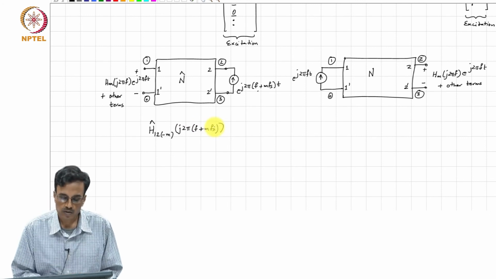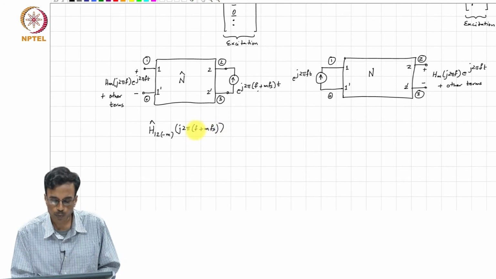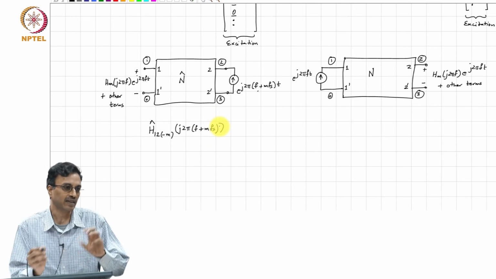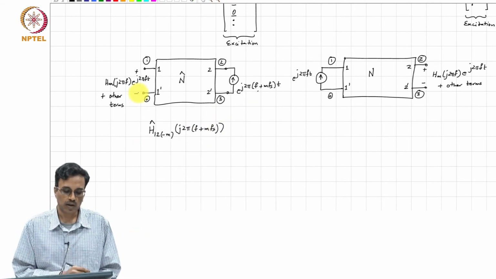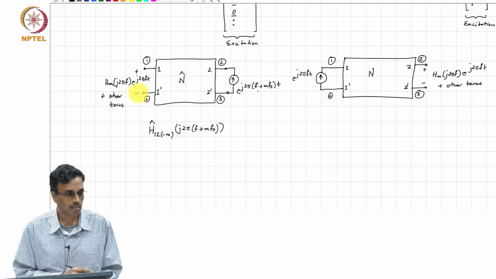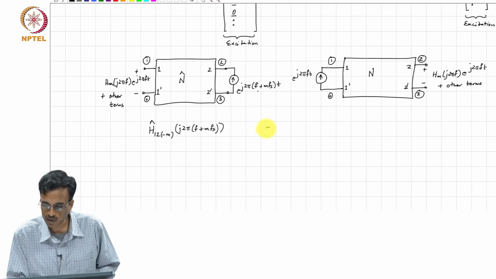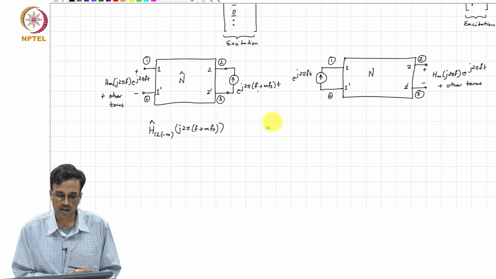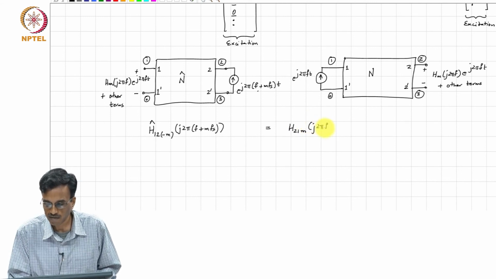That is because the input frequency is f plus mfs, the output frequency is f plus mfs minus mfs, which is f. So this is h hat 12 of minus m of j2 pi f plus mfs, and this must be, by interreciprocity, the same as h21 of m of j2 pi f.